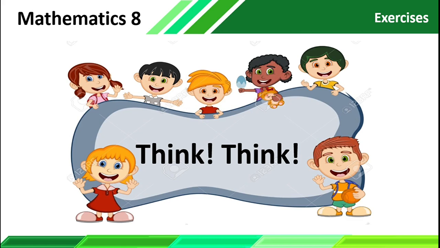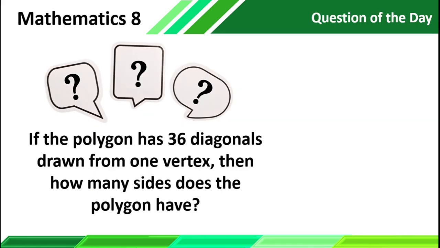Now, let me ask you a question. If the polygon has 36 diagonals drawn from one vertex, then how many sides does the polygon have? In this given problem, it was flipped. The given is the diagonals and the missing value is the number of sides of the polygon. So we have here the formula of diagonals from one vertex, d is equal to n minus 3.